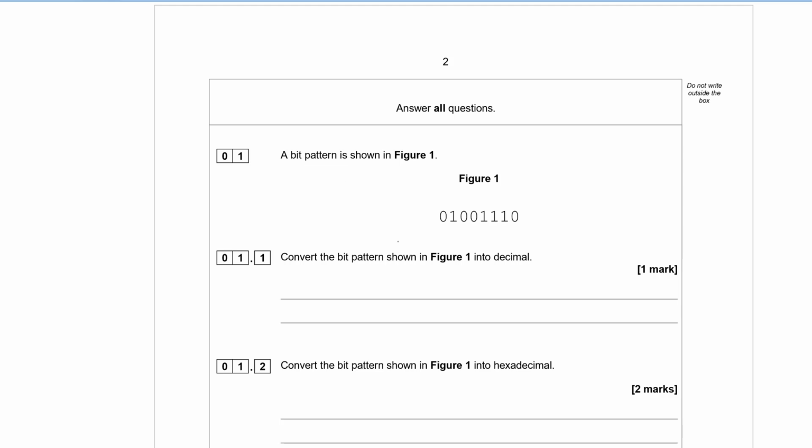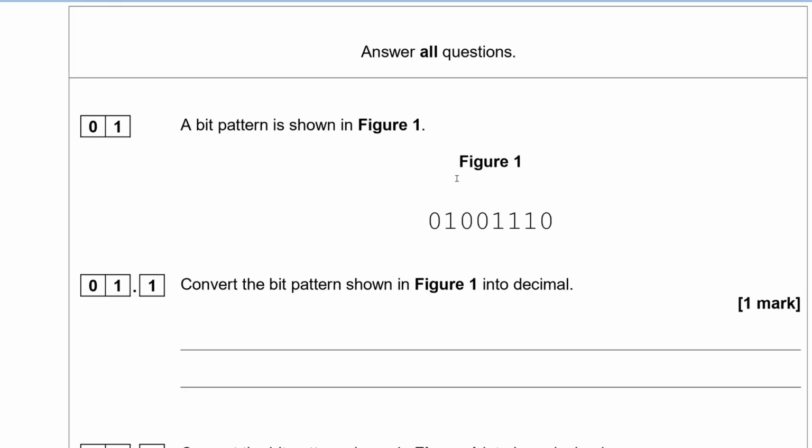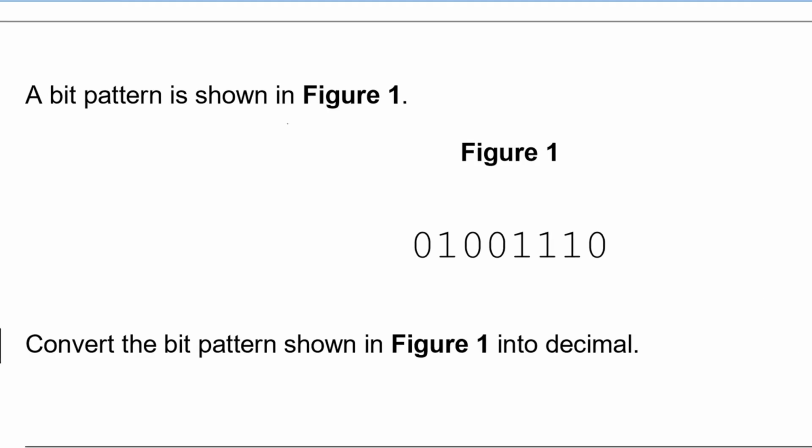So we've got this binary bit pattern. What I would do is add column headings above this number. Let me zoom in really fast so I can do this properly. The place value for binary starts with 1, like in decimal, then goes to 2, 4, 8, 16, 32, 64, and then 128 is our last one.